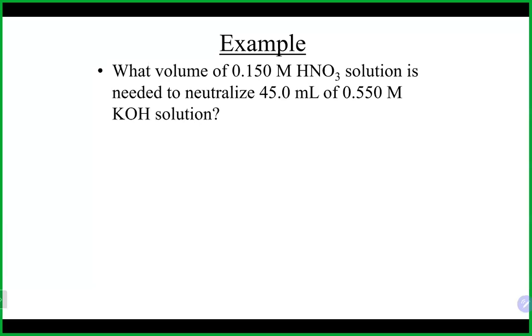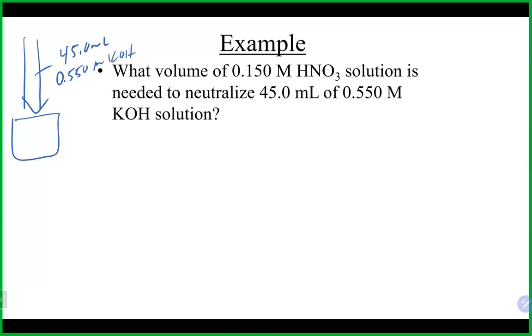For example, we would have set up our burette, and in our burette we would have 45 milliliters used of a 0.55 molar solution of KOH, and down in the beaker we have 0.15 molar nitric acid.